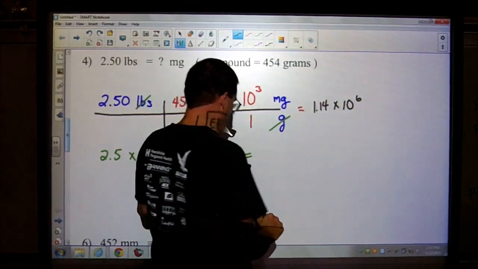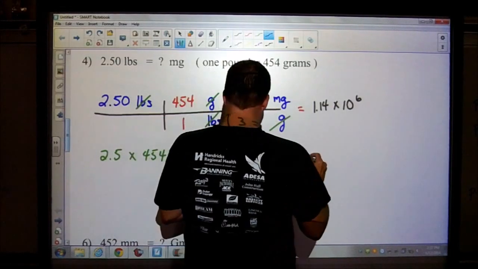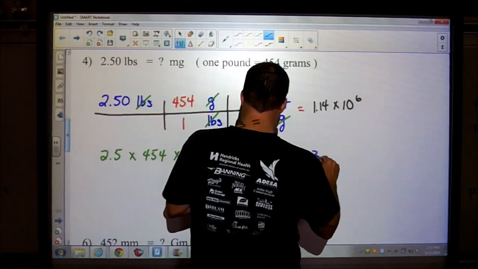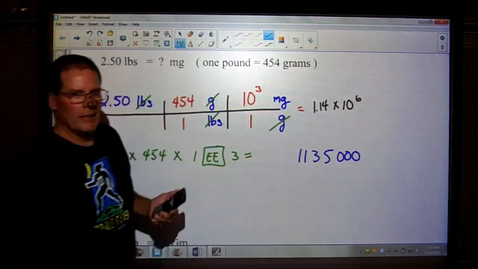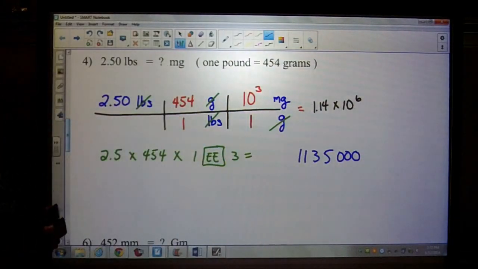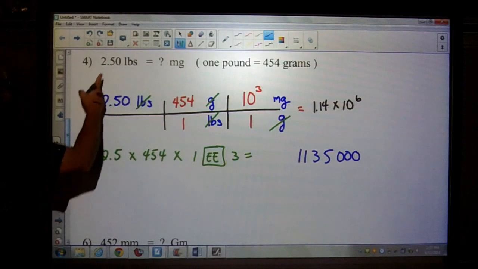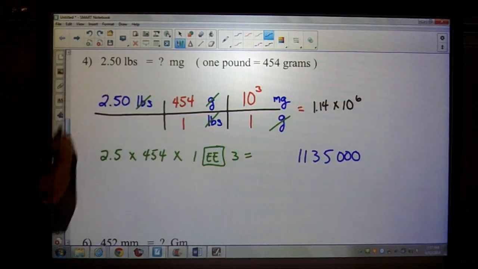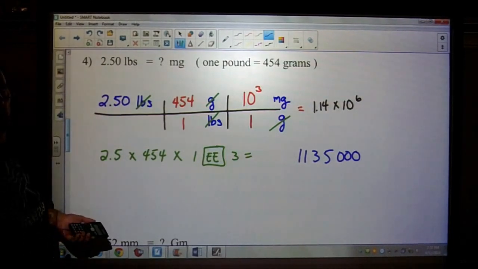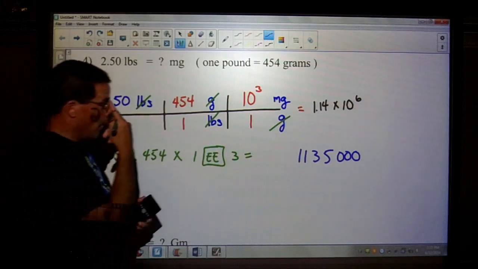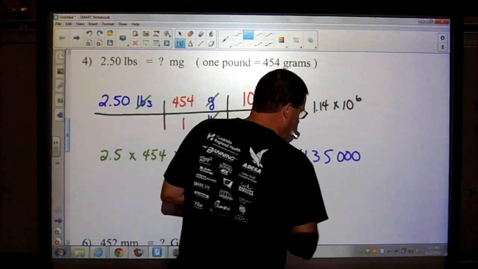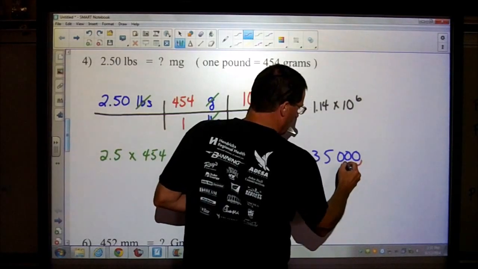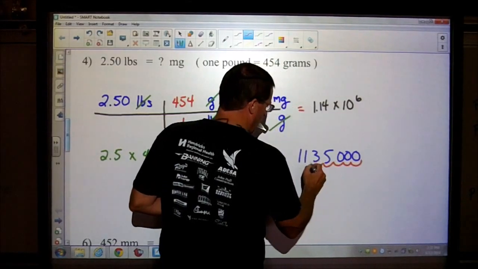Now, my calculator actually reads this 1135000, but it's a good idea to get in the habit of writing your answers with the correct number of significant figures. And there's 3 here, and you'll notice that I do that a lot with 3 sig figs. So again, my decimal place here, 1, 2, 3, 4, 5, 6.